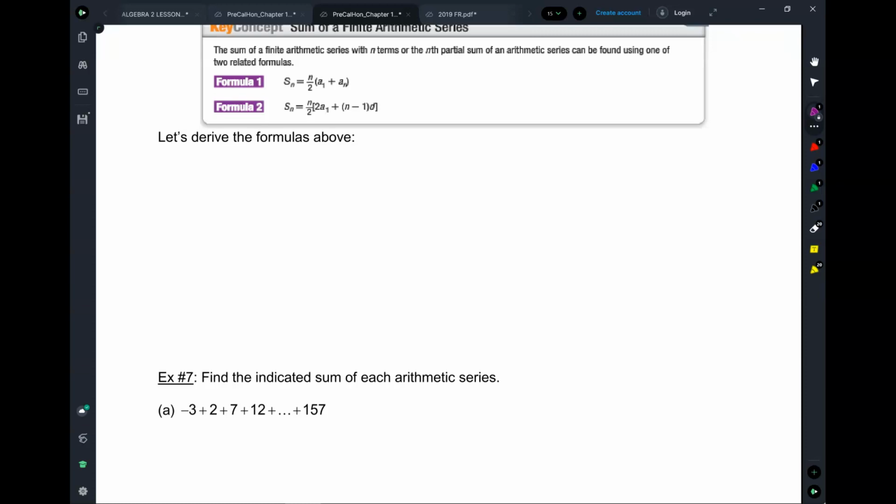All right, so what is Sn, right? When you're adding an arithmetic series, what exactly does it look like? So you've got your a1, right? And then the next one is a1 plus d, right?